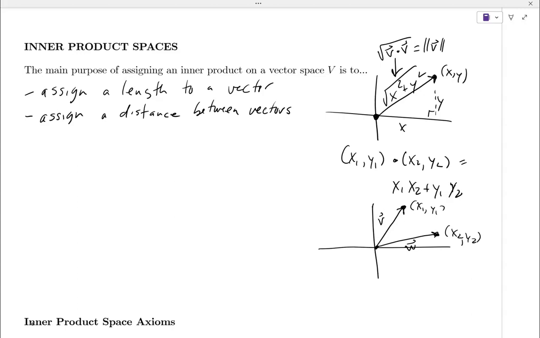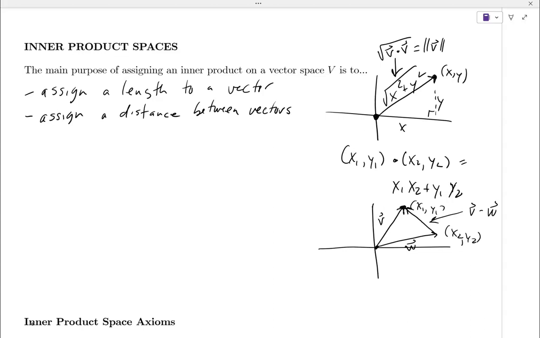Well, if we use some geometry notions, we can figure out the vector between these two by doing what? Think about your geometry from different things maybe you've done in physics class. How can I express this vector where I start at this point and end at this one? Yeah, it's a difference, right? It's the v minus the w.